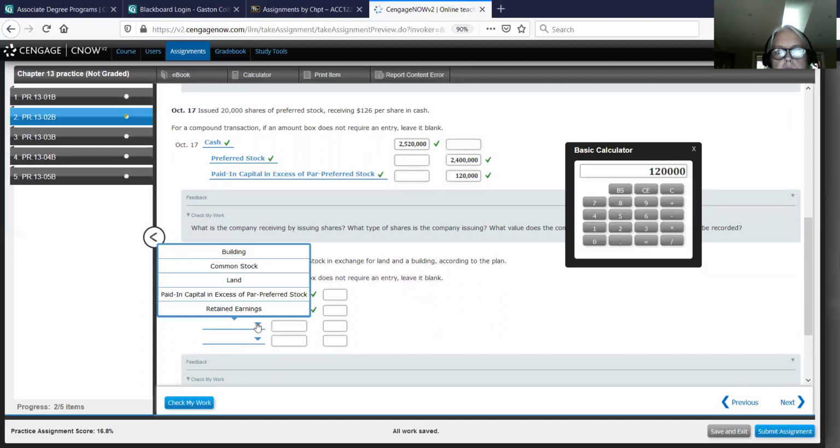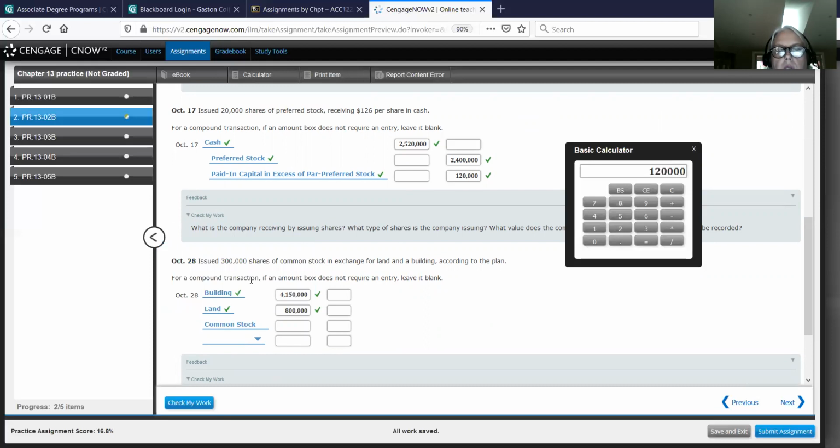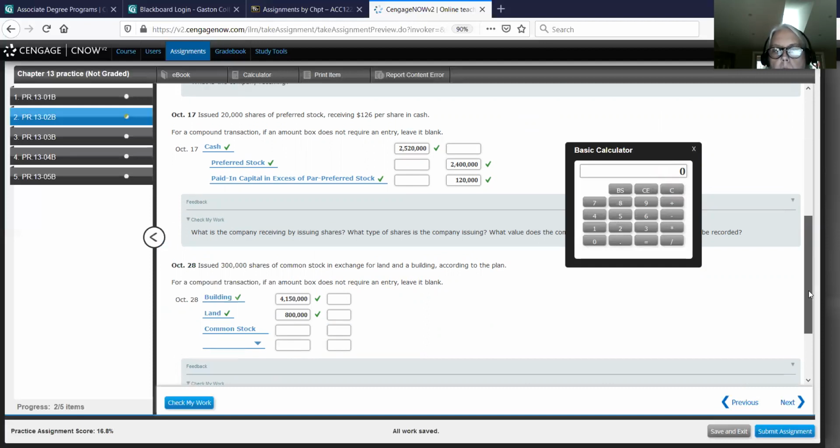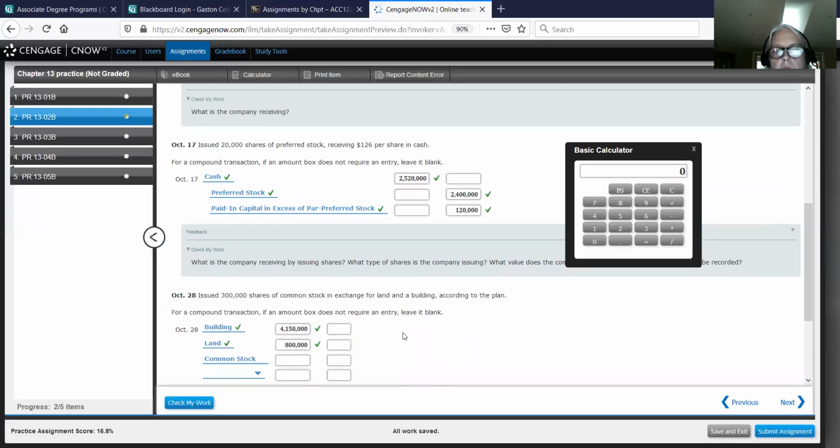We always record our stock accounts at the par value. So the common stock is going to be increasing on the credit side because you're adding to the stockholders' equity account, and it's going to be for the total par value of that company.